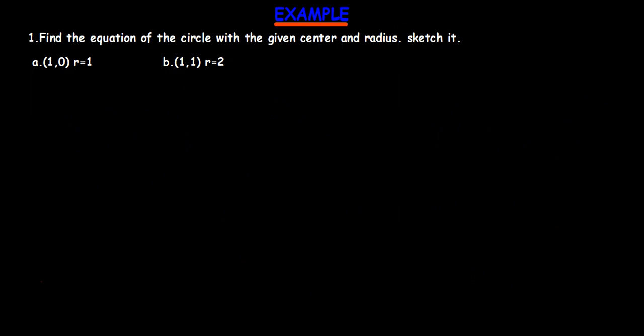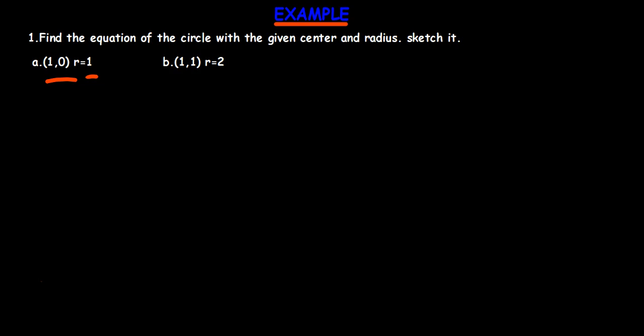So we have this example here. The example says, find the equation of a circle with given center and radius and sketch it. We have been given the center in the first part: center 0, 1 and radius 1.